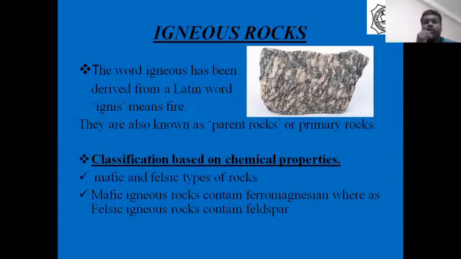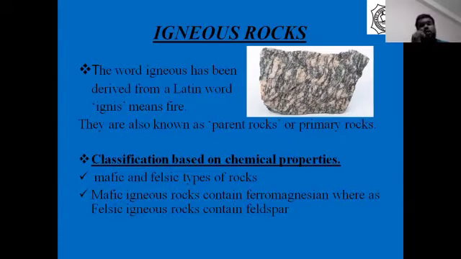Now, the classification of igneous rock based on chemical properties. On the basis of chemical properties, mafic and felsic are the two types of rocks.